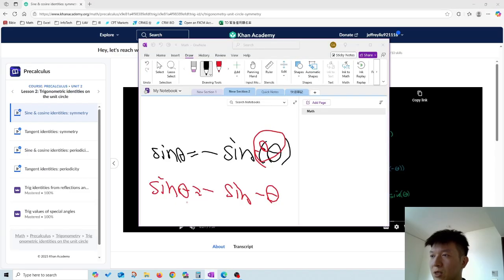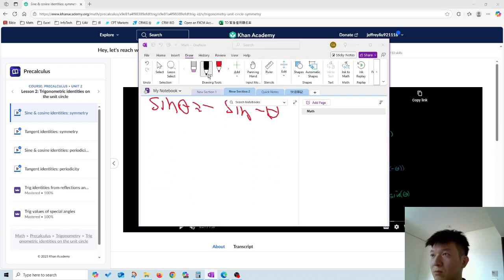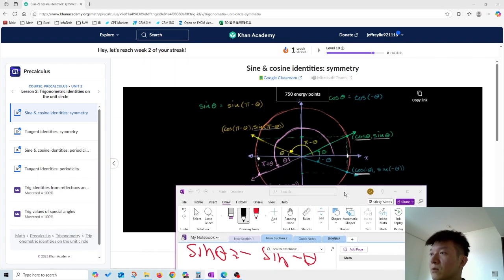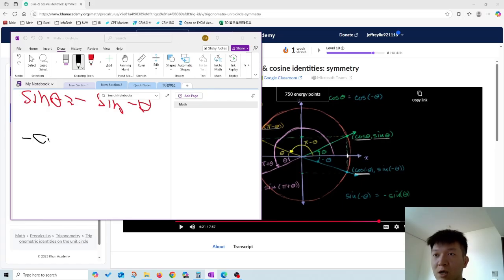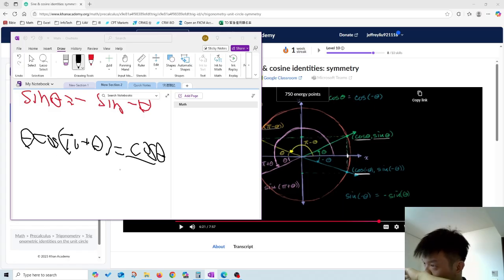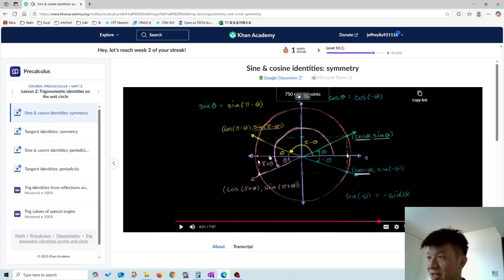So it's going to be negative cosine pi plus theta equals cosine theta, right? Because you need a negative sign in the front, because it's negative going this way.